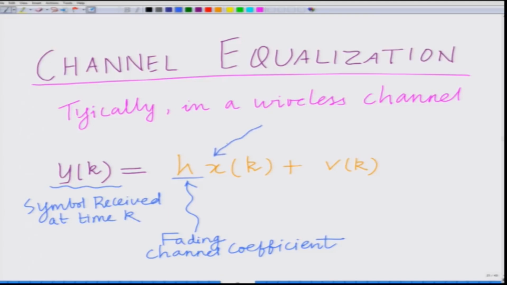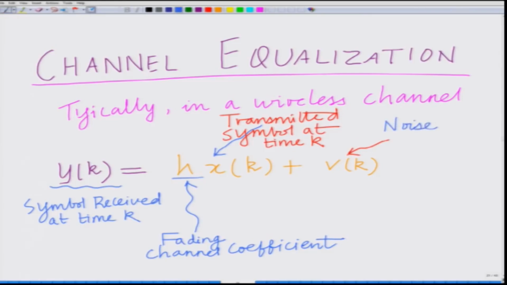Xk is the transmitted symbol at time instant k, and Vk is the Gaussian noise sample at time k.